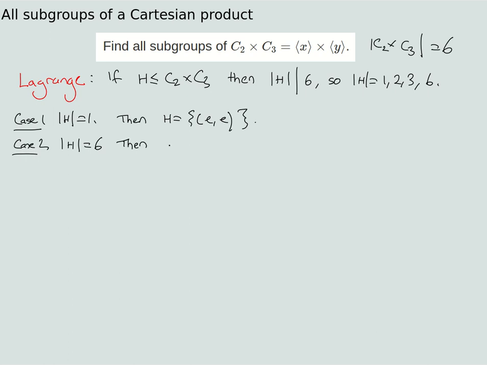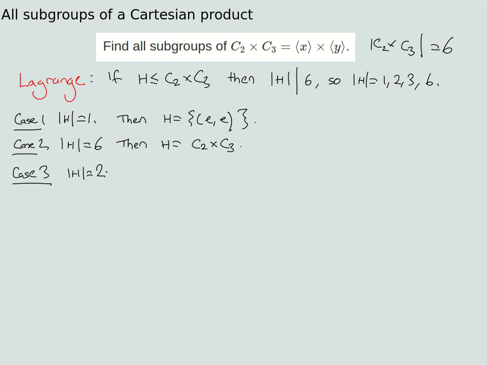So then, the only possibility is that H must be all of C2 cross C3. Any group is a subgroup of itself, and it's the only subgroup of itself whose order is the same as the order of the group. So now the problematic cases are what happens when the size of H is 2 or 3.